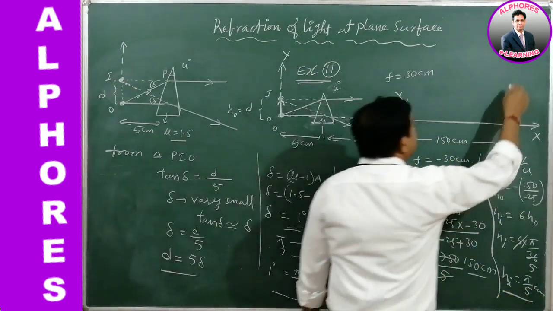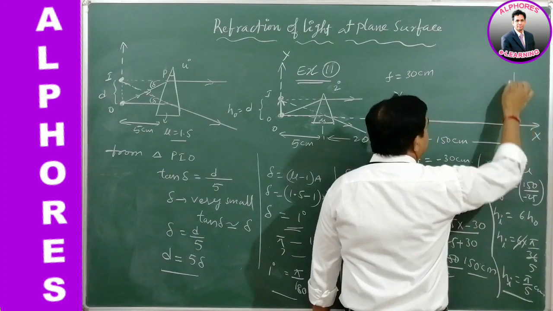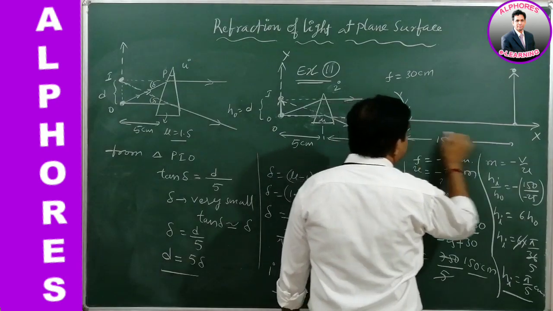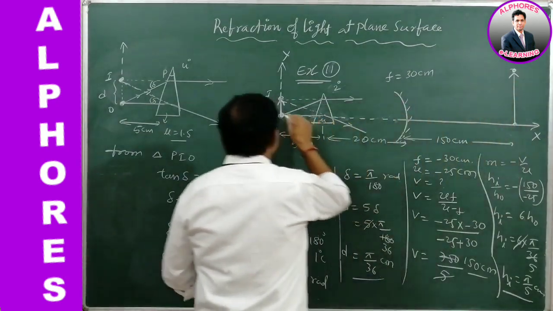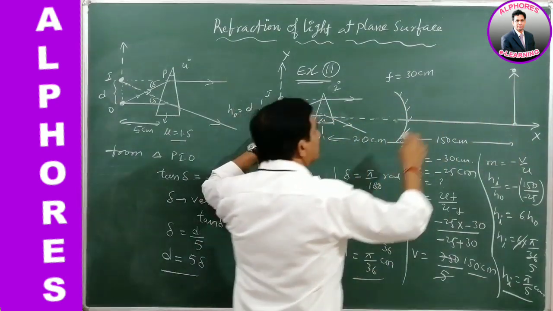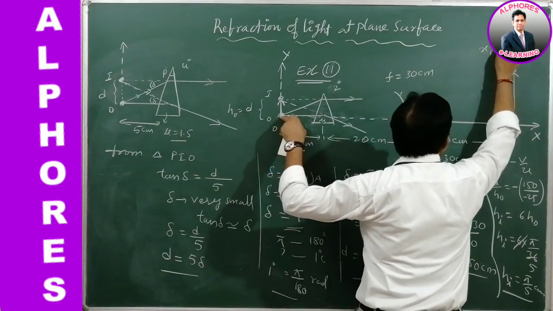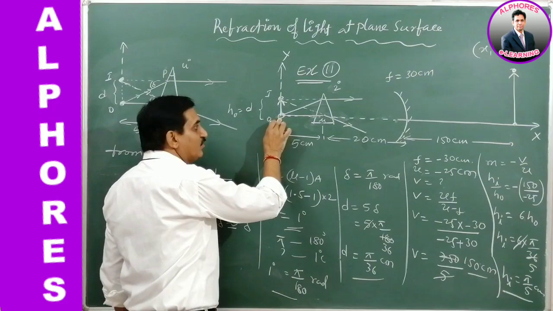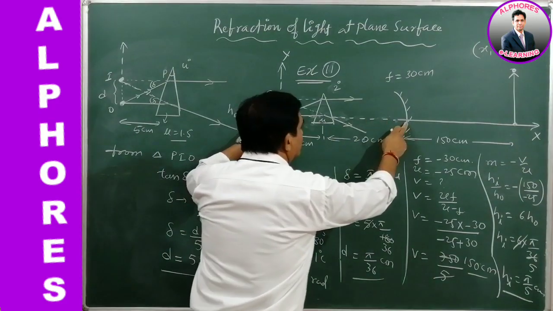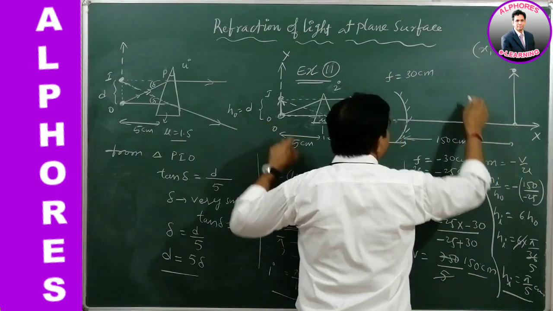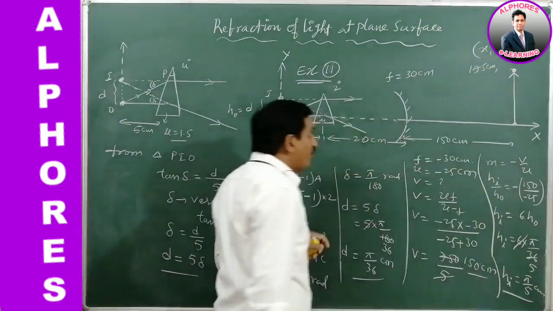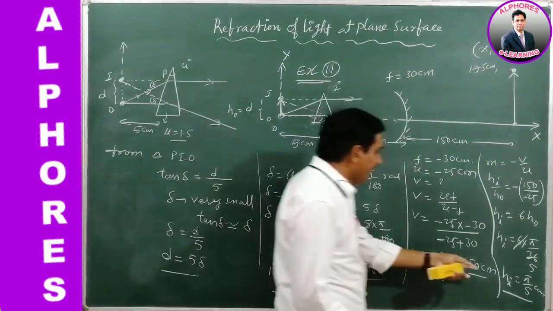And finally it is forming like this. Here its corresponding image is there. Now this is 150 and this is the origin. Let us create the coordinates x comma y over here. The x coordinate: this is the origin. From here to here 25 and this is 150. This is 175 centimeters, comma, y is nothing but hi.